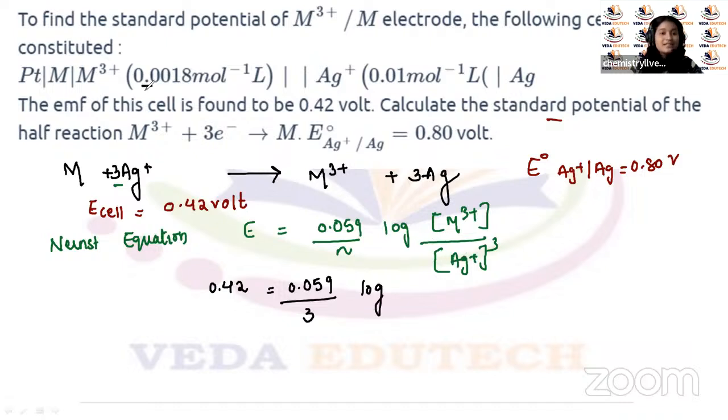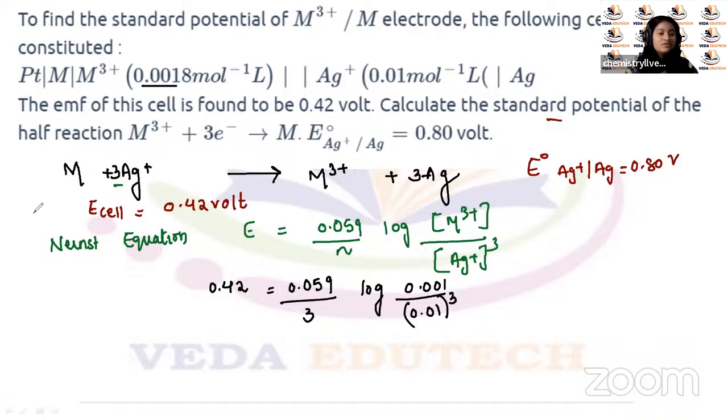So here it is going to be 3 electrons, log of M3+. What is the M3+ concentration given? 0.001 divided by Ag+, which is 0.01, to the power 3.